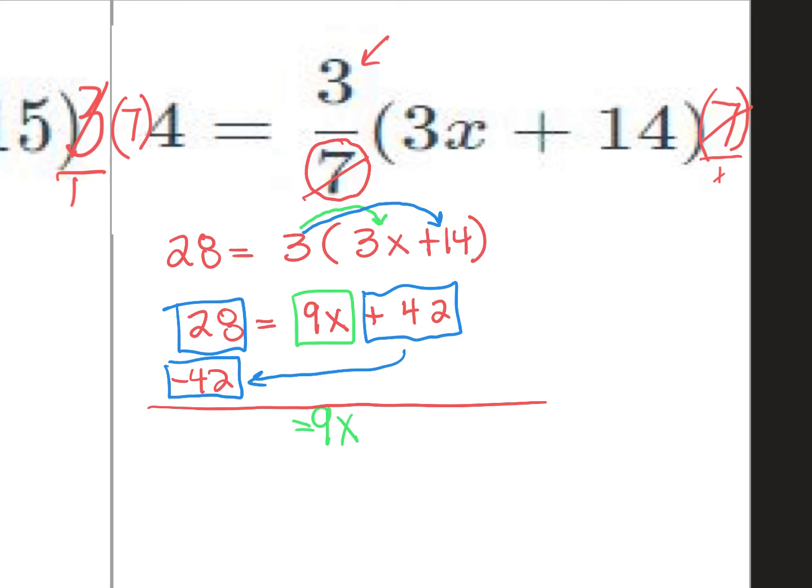This is plus 28 and minus 42. So they're on opposite teams, so I can subtract them. The difference is 14, and the negative team wins. I've got to divide by 9 now. My last step is to get rid of the coefficient, and I'm done. I've got x by itself. X equals negative 14 divided by 9, 14 ninths.